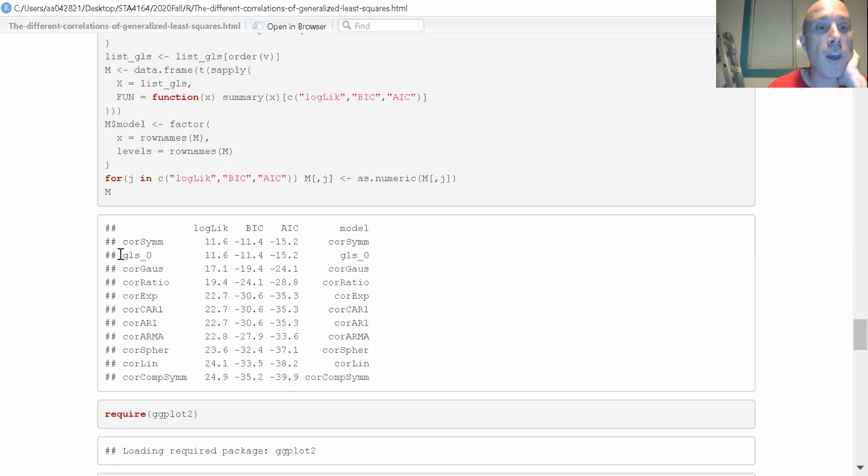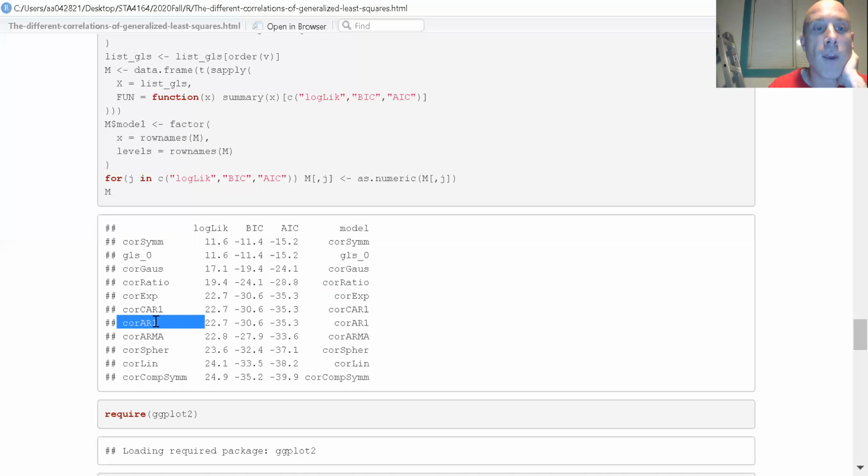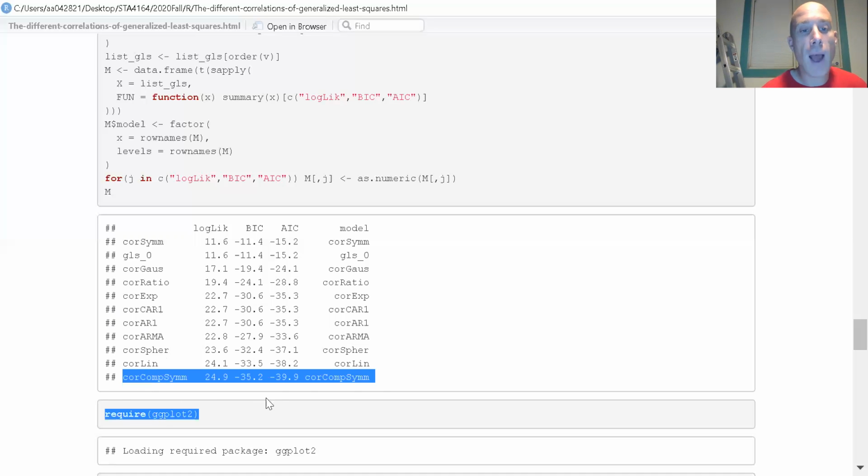So I would go with GLS 0, which is the default setting. Now, if I was considering one of these three models, I would go with autoregressive 1, because this is simpler than continuous autoregressive, and both of these are simpler than the exponential smoothing. But overall, I would pick this one.